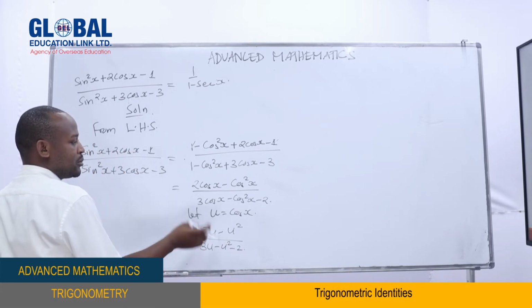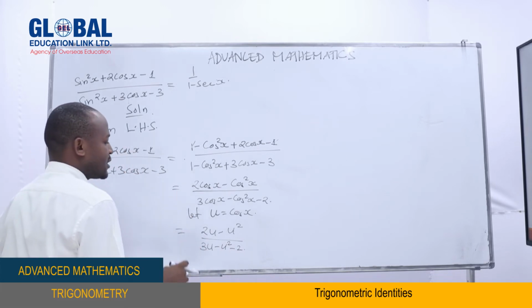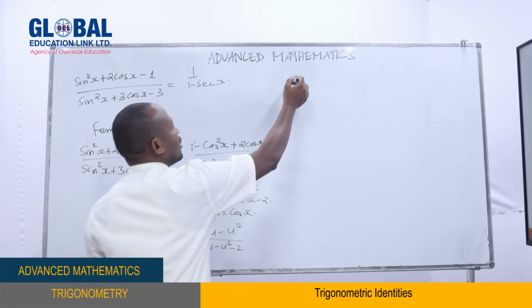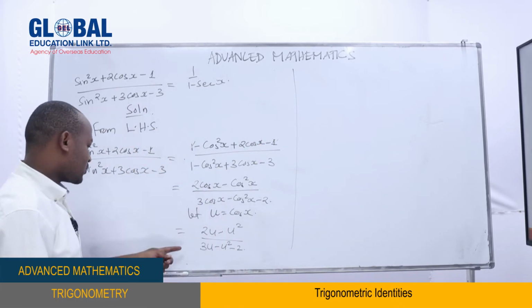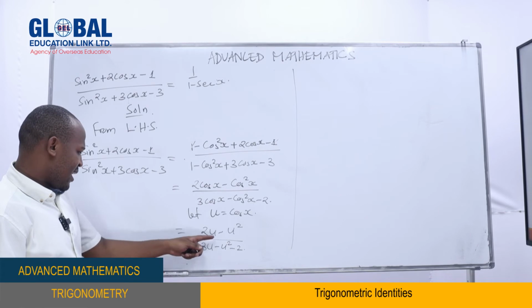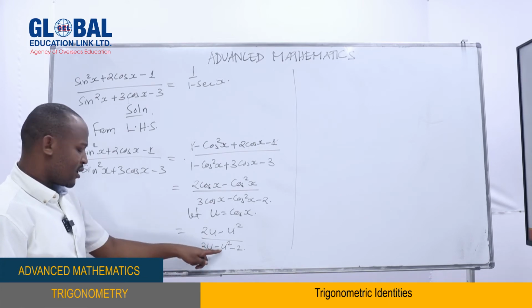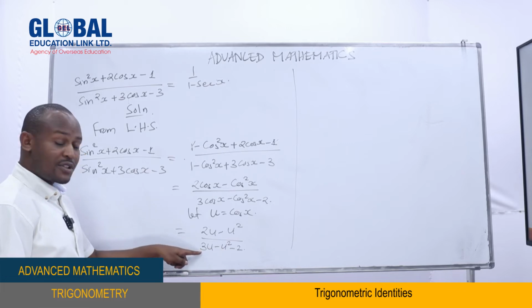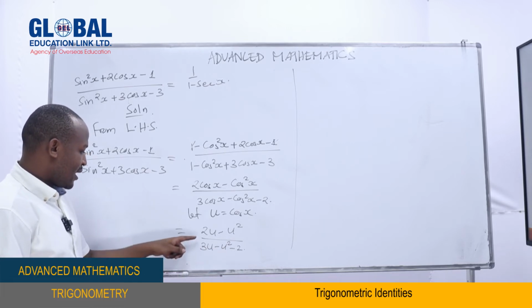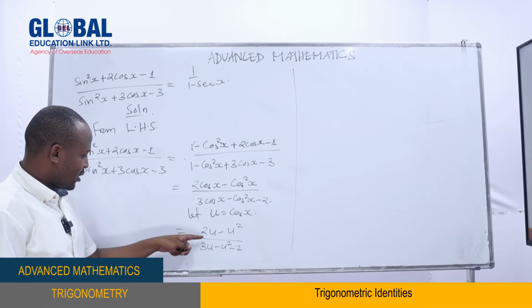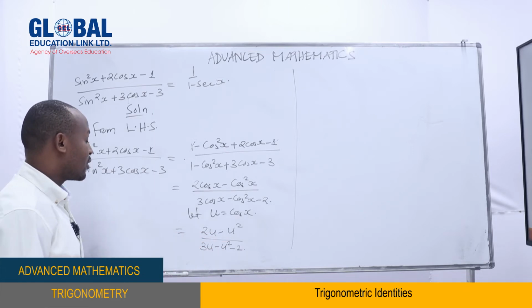But remember that u will be replaced or will be returned back after we have finished our proof. Now from there, this is a quadratic expression. As you can see there, you have a coefficient of x square, you have a coefficient of x and a constant, and also that is a quadratic expression. You have a coefficient of x square and a coefficient of x.